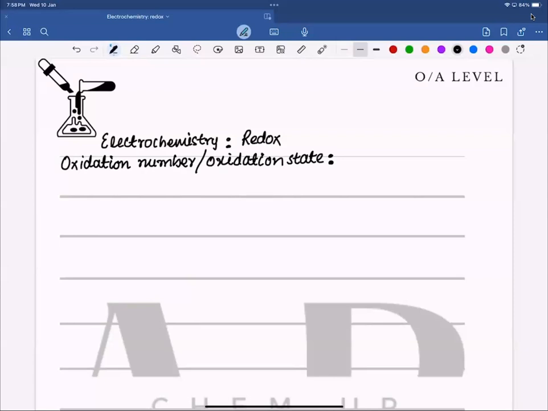So when we talk about oxidation number or oxidation state, we can say it is the charge, or you can say value of the charge given to an atom or ion.